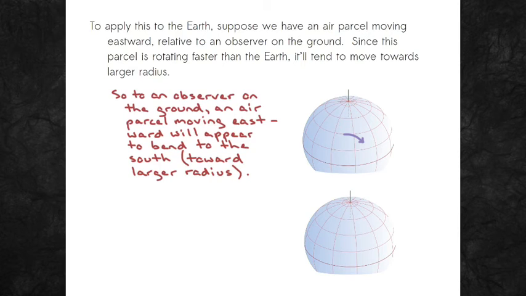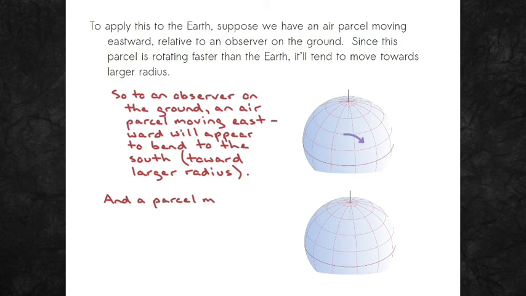By contrast, if you had an air parcel sort of doing this in reverse, if you had an air parcel that's moving westward, that means that it's spinning more slowly, and objects that spin more slowly get pulled in towards the axis of rotation. It's exactly the opposite of the bungee cord example. So if we start to rotate more slowly, we actually want to move in towards the axis of rotation, towards a smaller radius.